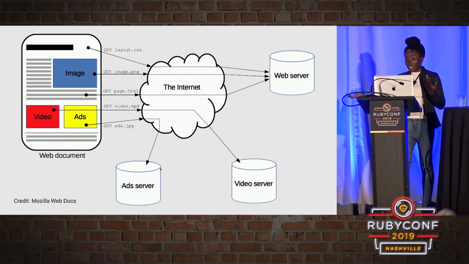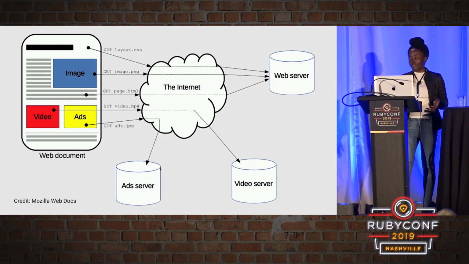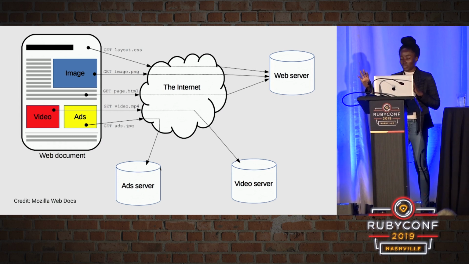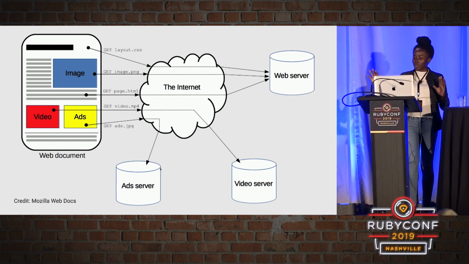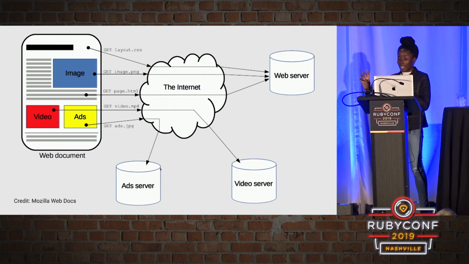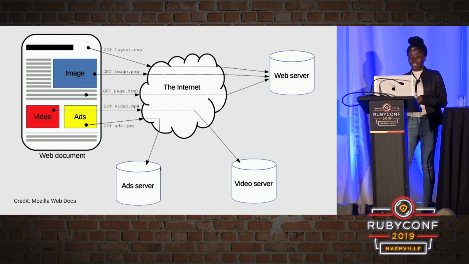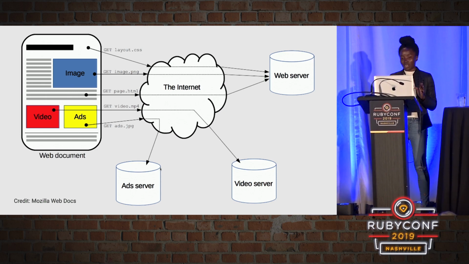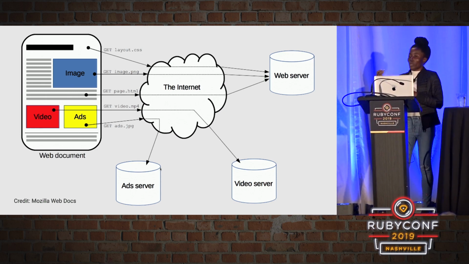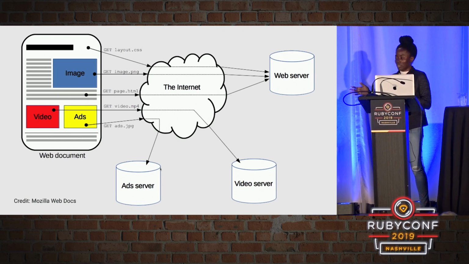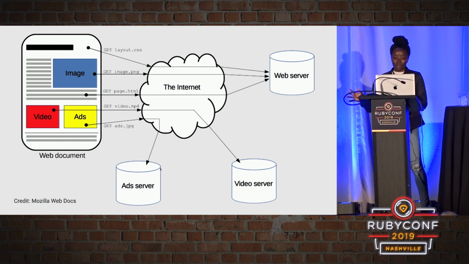And here is a basic overview of how it works. So like I said earlier, HTTP is a request-response protocol that describes how web servers exchange data with HTTP clients and browsers. So when you type in a URL in a browser, this is technically what happens.